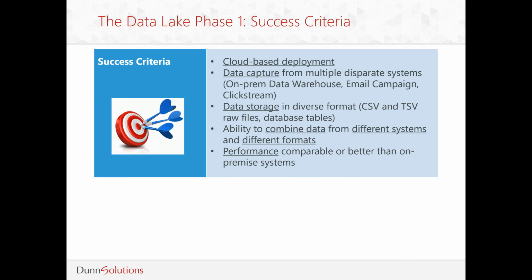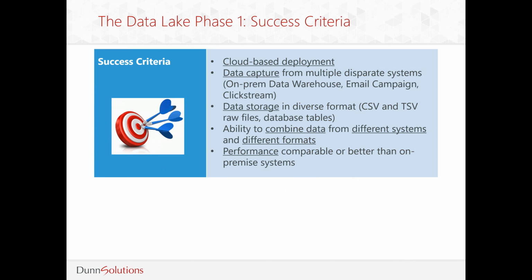One of them was everything would be a cloud-based deployment. We would not buy any hardware or software on the premise to do phase one of the data lake. The second point was we will capture data from multiple systems. This would include data from the on-prem data warehouse, email campaigns, and click streams. The data will be stored in multiple different formats, raw files as we receive them, or maybe even database tables for our structured data.